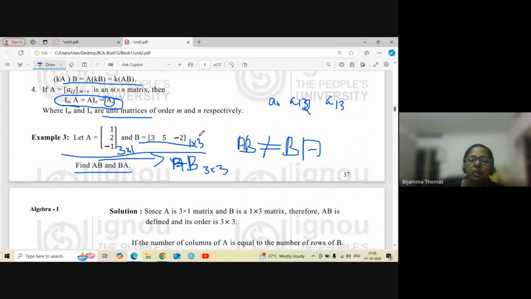So the number of columns equals the number of rows. Is it clear?